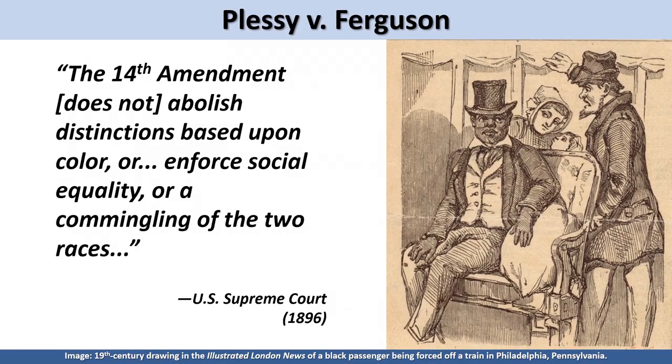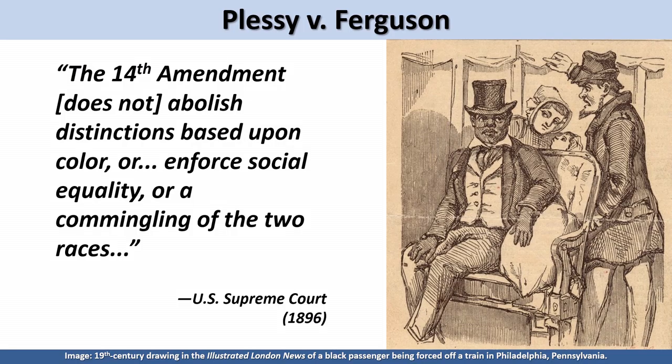In Plessy's day, some U.S. politicians defended segregation by arguing that the 14th Amendment did not prohibit discrimination by individuals, only by the government. Another common pro-segregation argument was that dividing Americans by race created separate but equal facilities.